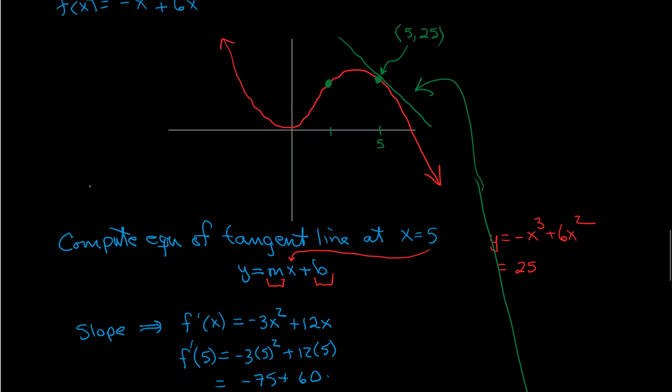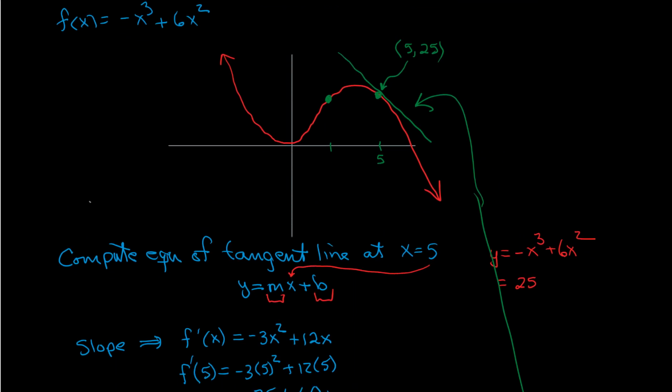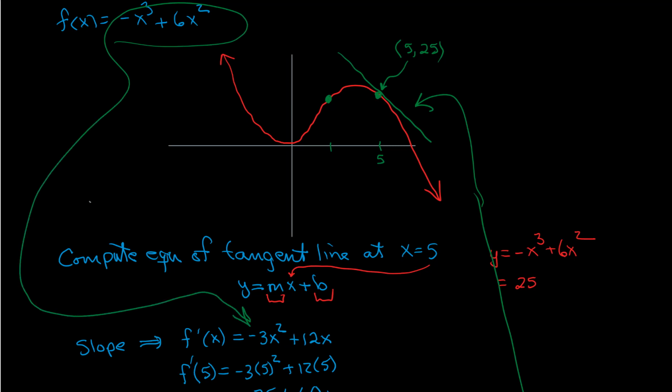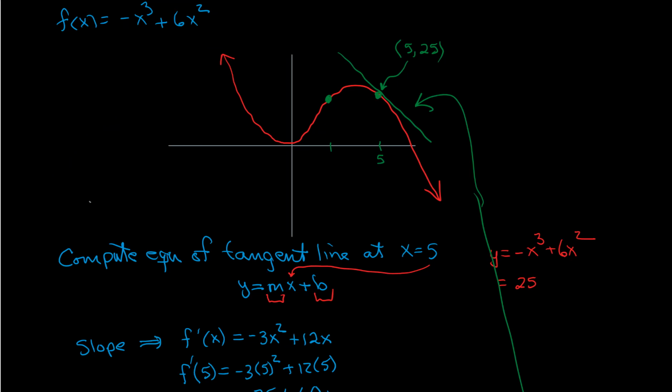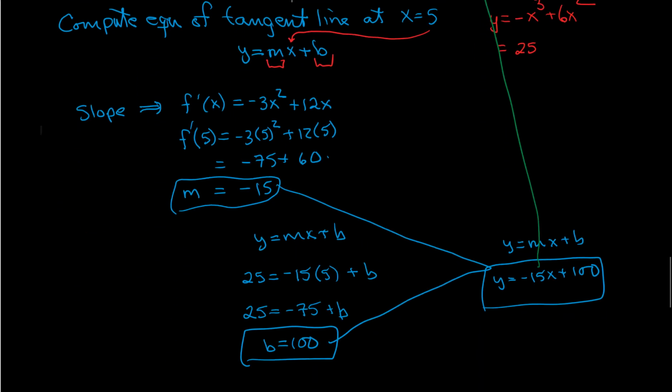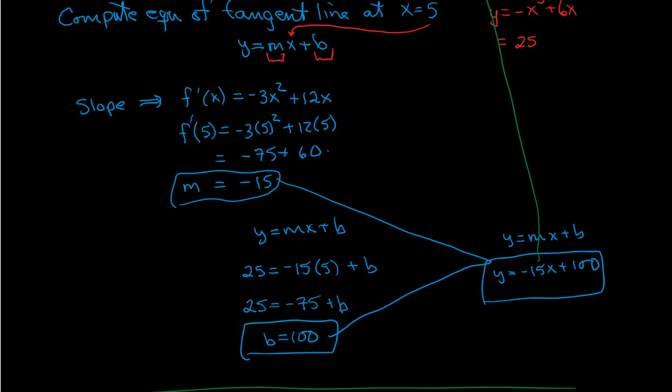If we take our original function, this negative x cubed plus 6x squared, and we do the derivative of that, we're going to get negative 3x squared plus 12x. So there's the derivative. Okay, so we've got that. Then what we want to do is compute the slope at a specific location.